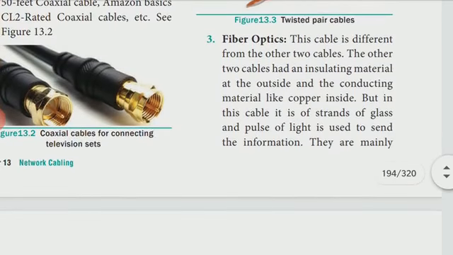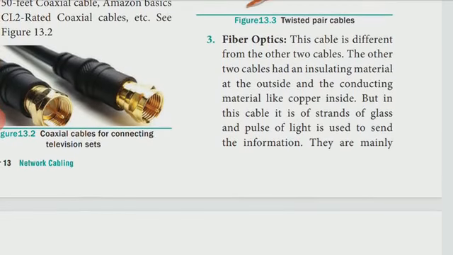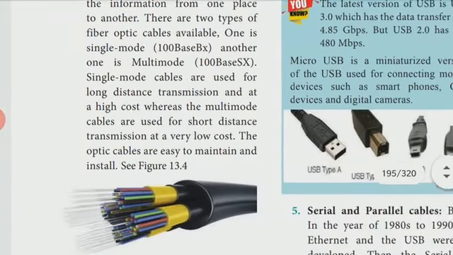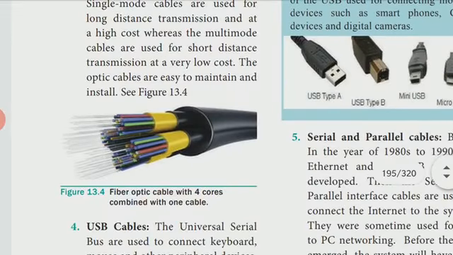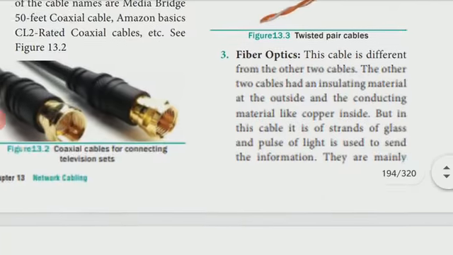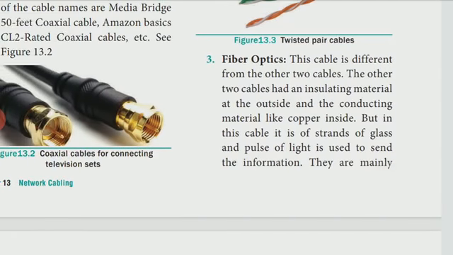The next one is fiber optics. See, this is called a fiber optic cable.